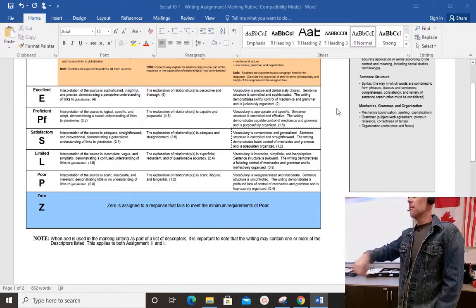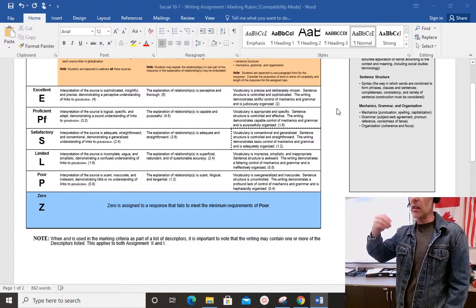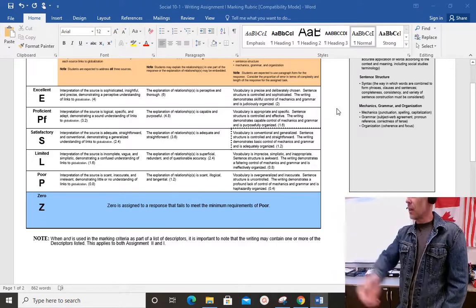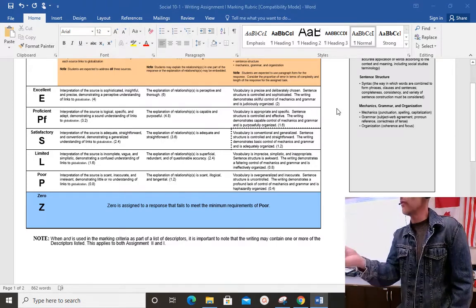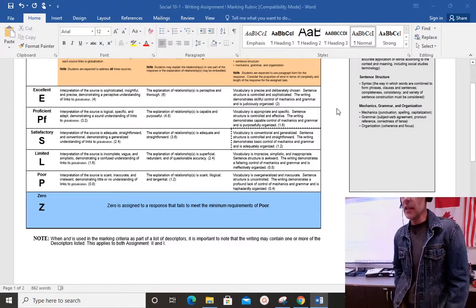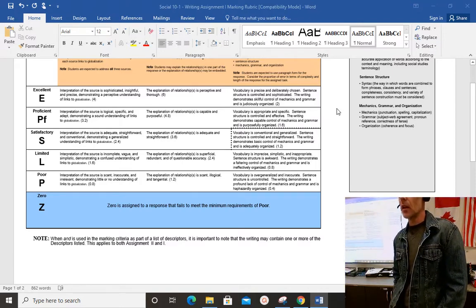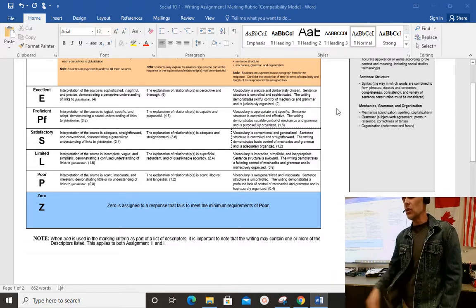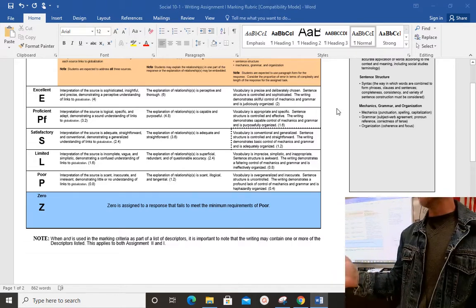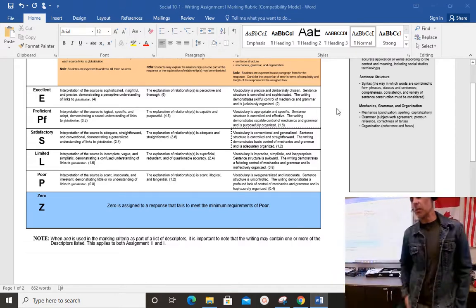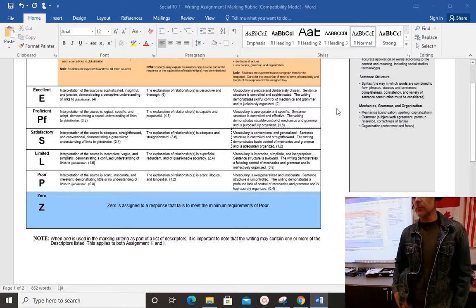You get it, but it's not PF. It's not capable. It's not purposeful. How do you get to purposeful? We need specific stuff, right? And then finally, the E is more perceptive, more thorough. So you could use that language of insightful again, and sophisticated in place of perceptive and thorough.